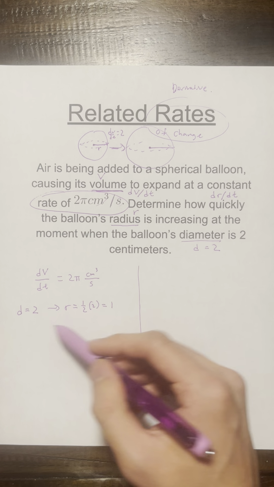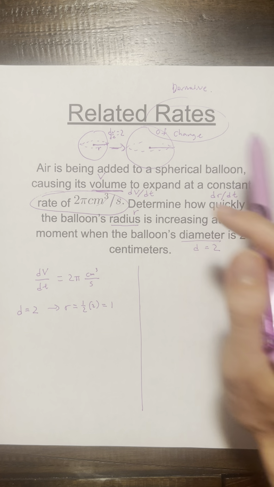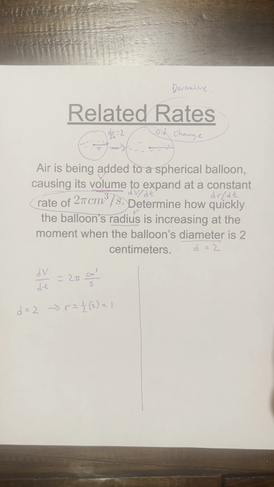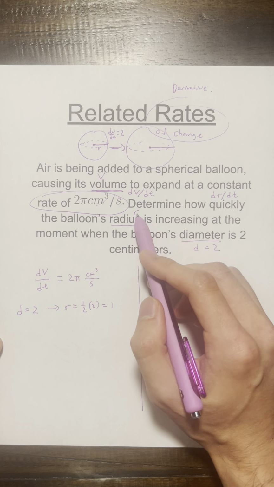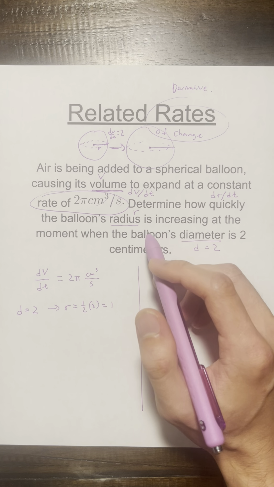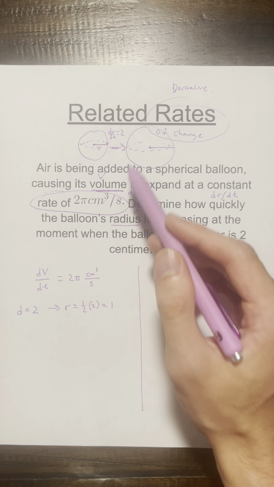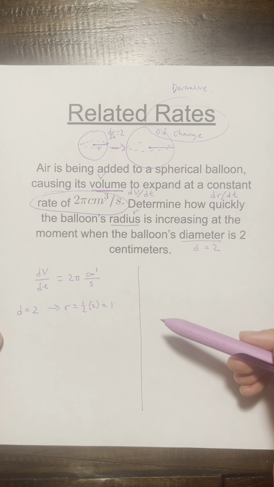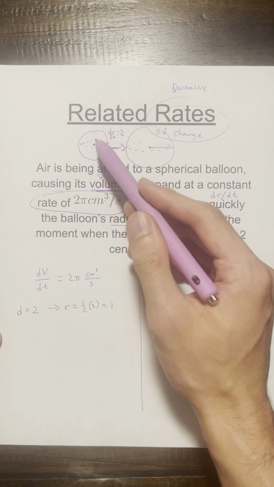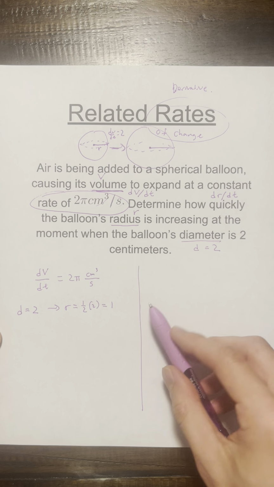We changed this to radius just now. So we're only talking about volume and radius in this diagram with respect to time. Is there an equation that we know that can help us relate the volume of a sphere with its radius?